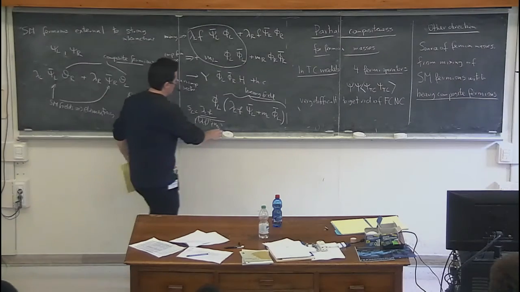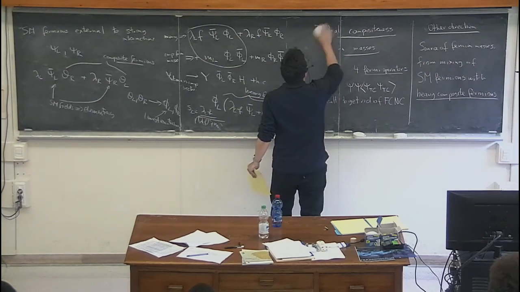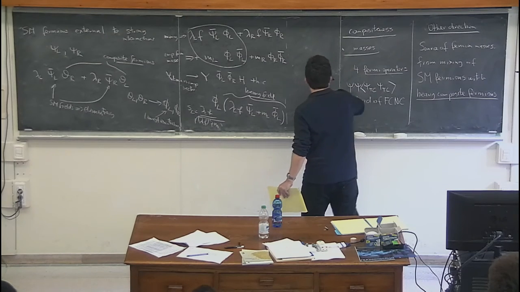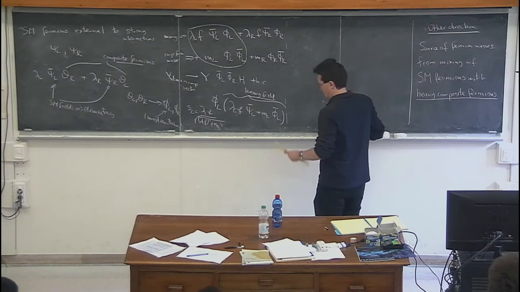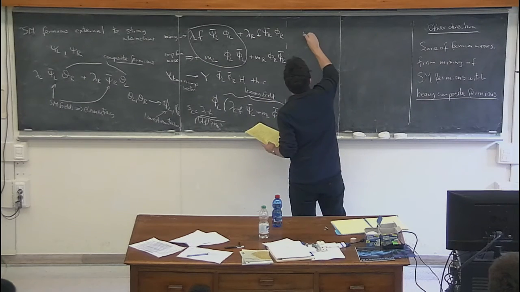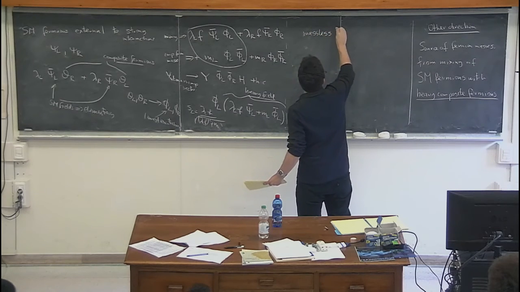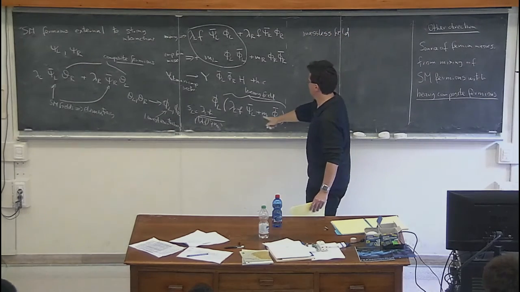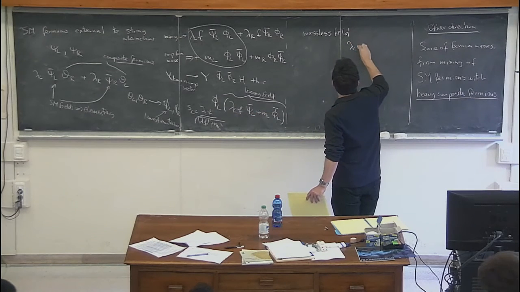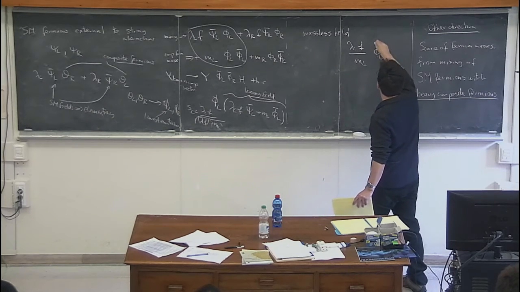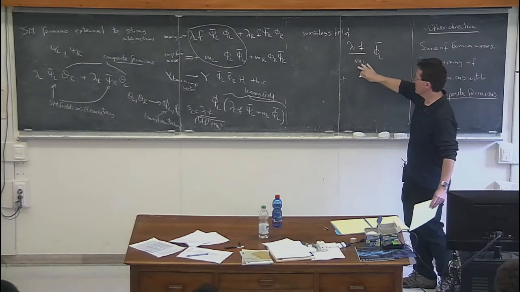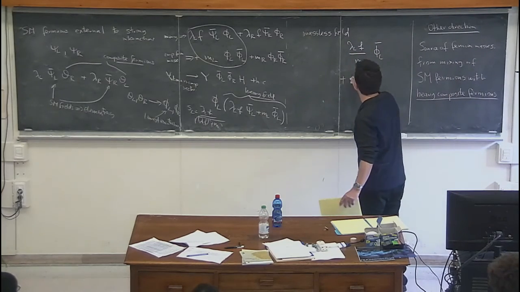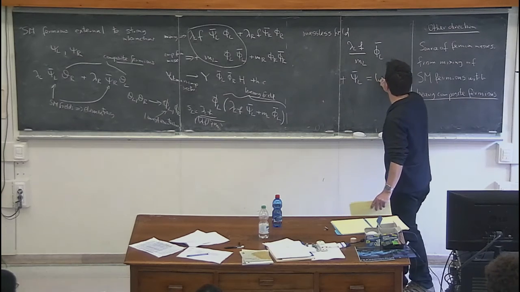So the massless field will have an admixture of the order of lambda LF over ML times the phi bar left, plus a term that is roughly order 1 times psi bar left. So this is the light field.